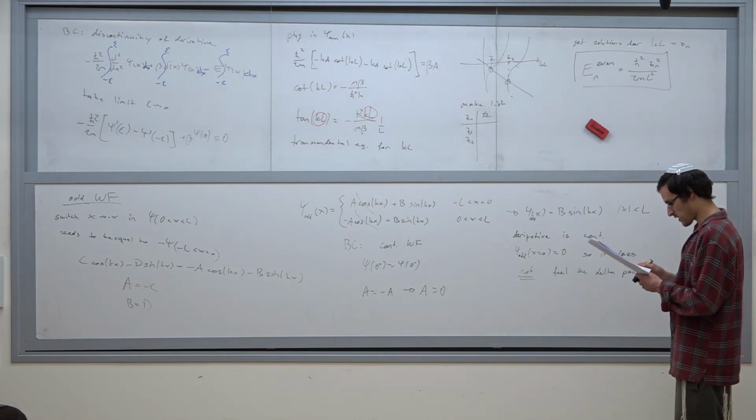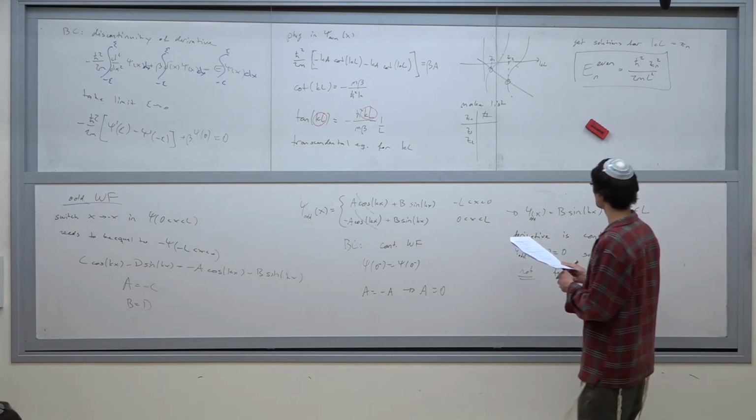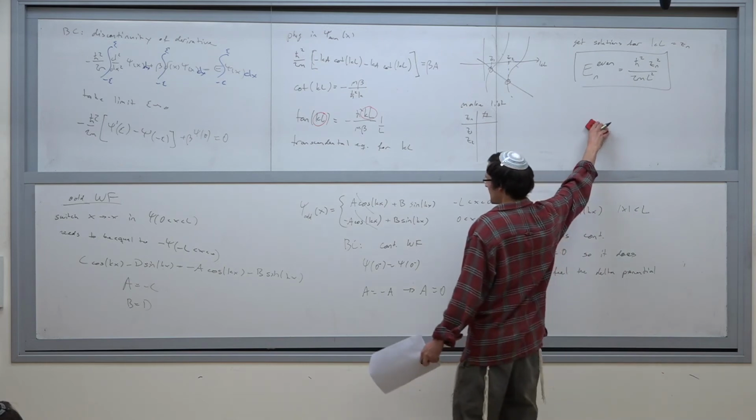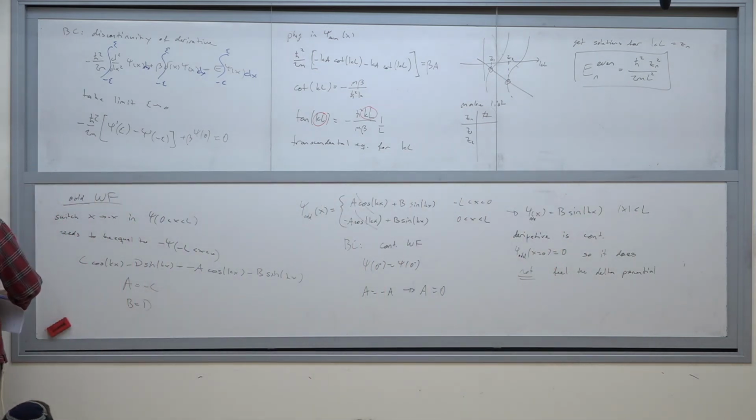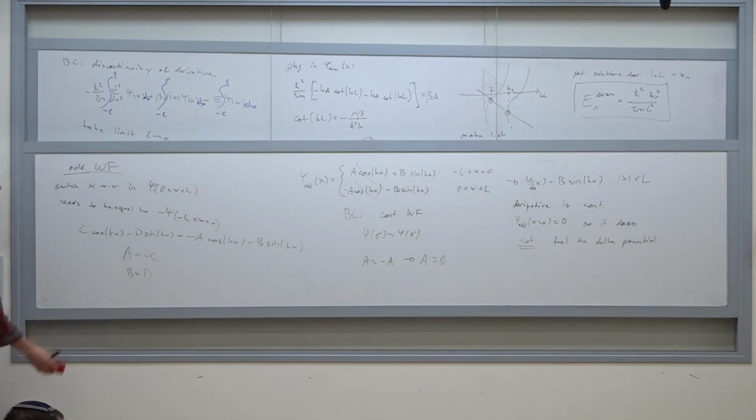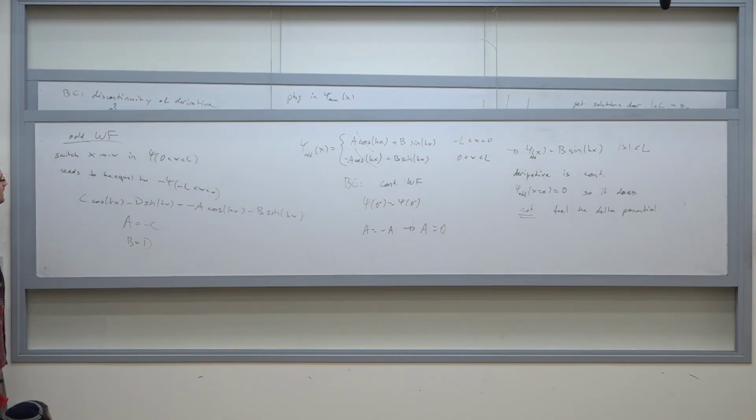Now we can use the last condition. The last condition tells us that the wave function must vanish at plus and minus L, closed boundary conditions, because it's an infinite well.